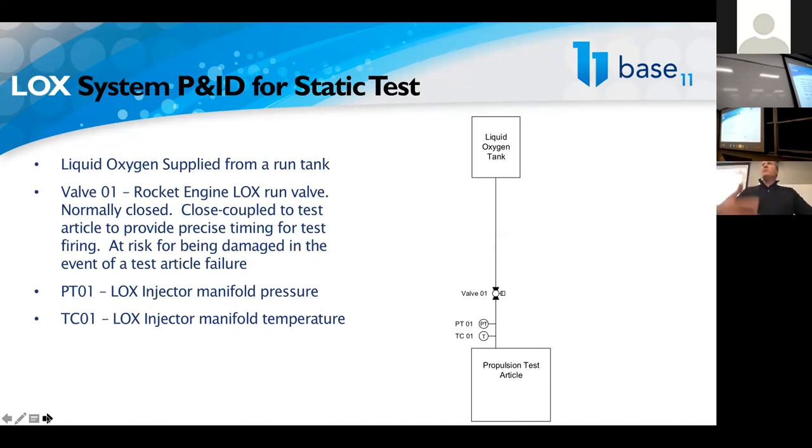As we develop the PNID, if you add a component, it's good discipline to document the reasons why you added it. Yes, we obviously need a valve to turn the LOX on into the engine. It may be very obvious at the time, but as all the elements get added and things grow, it's always good to be able to ask, why is this component in the system?